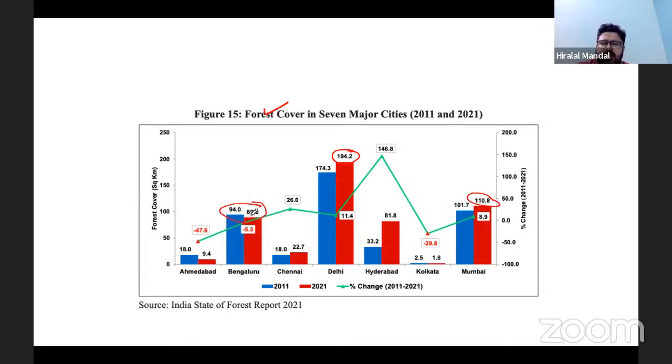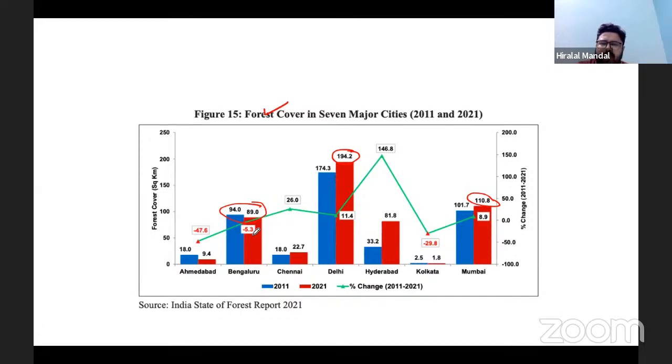So this may be an important area to cover. Delhi is at the top, followed by Mumbai and Bangalore. So Delhi has a good forest cover.